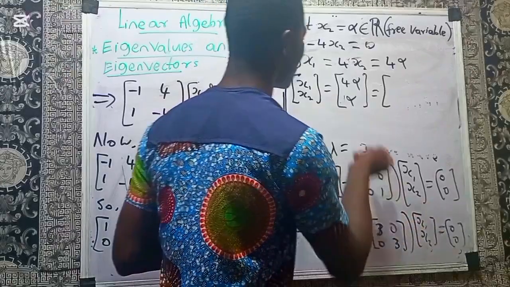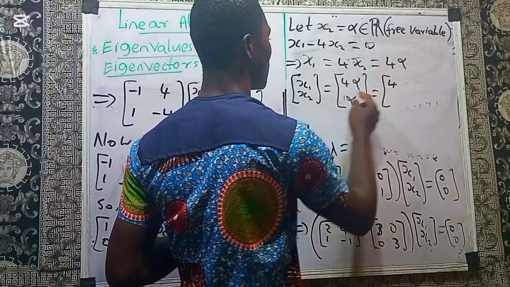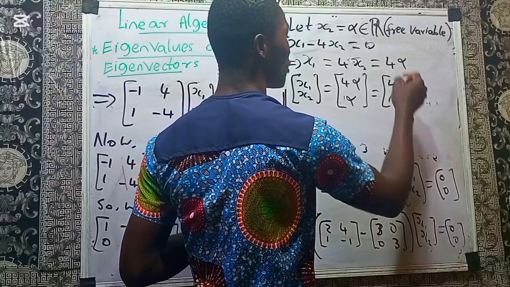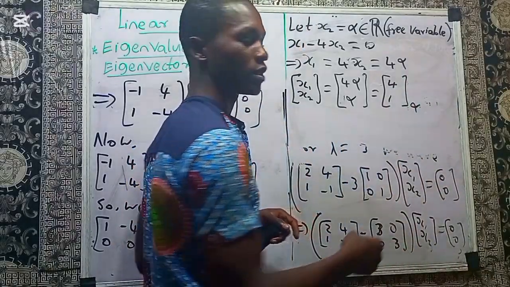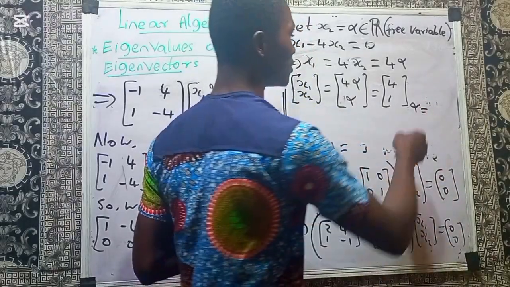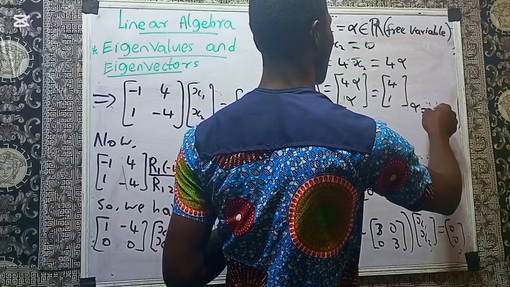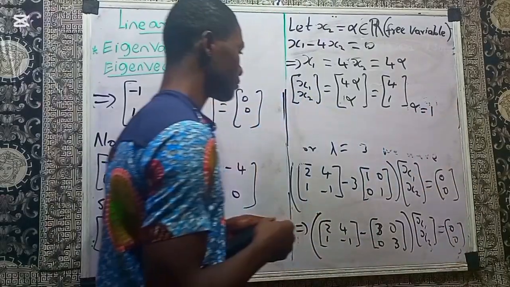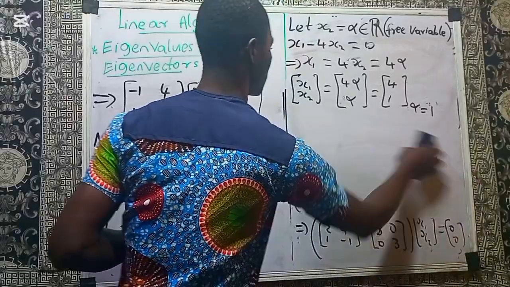We'll choose 1. So 4 multiplied by 1 is 4, and here will be 1. So we have gotten this eigenvector corresponding to lambda equals 3, at alpha equals 1.